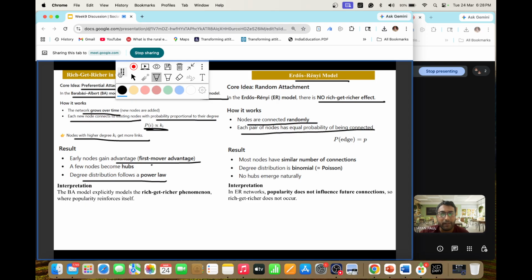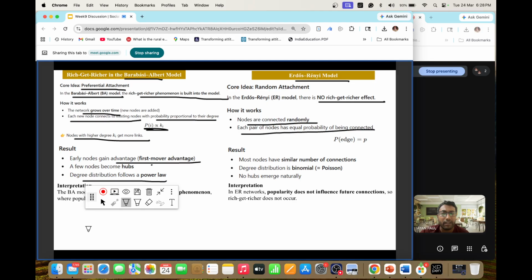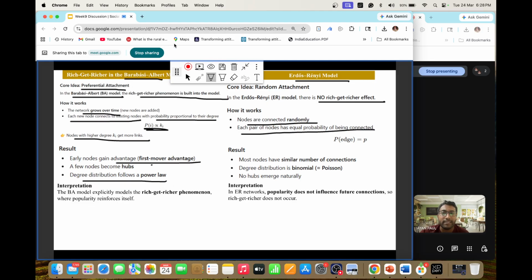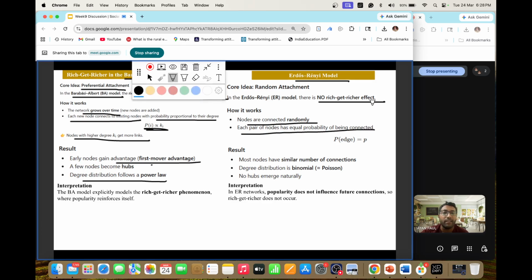So what have we learned? We have learned about two models. One is the BA model, in which the rich get richer phenomenon is built into the model, and then we have the ER model, the Erdos Renyi model, in which no rich get richer phenomenon is followed.